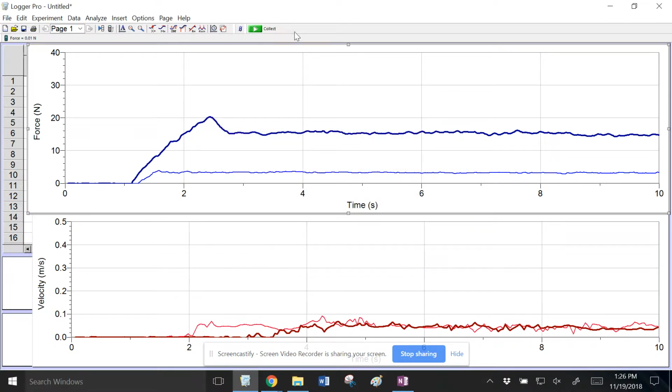Ooh, and I need to store that latest run. Where's my control L? Okay, so we have our baseline value when I just pull it straight across, but then I'm going to try to pull this thing at an angle of 60 degrees.